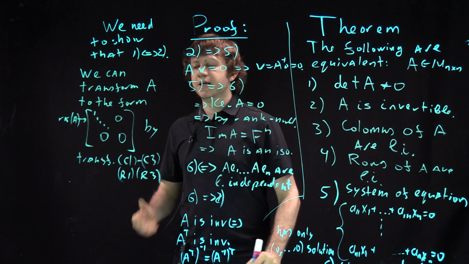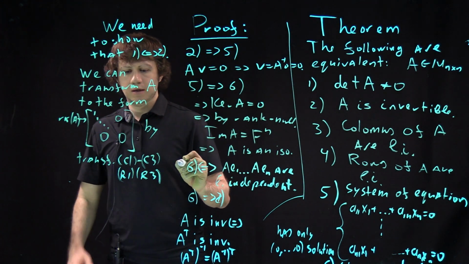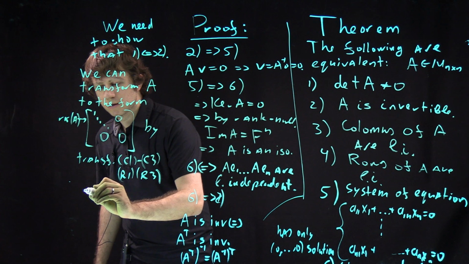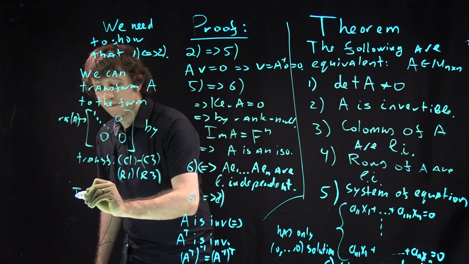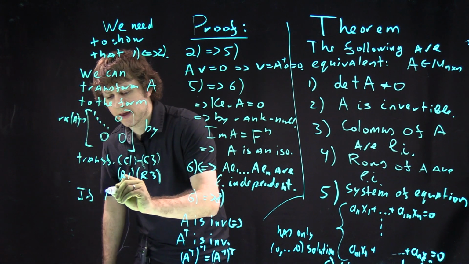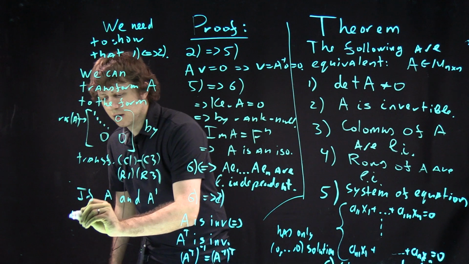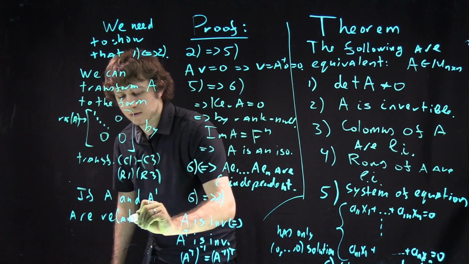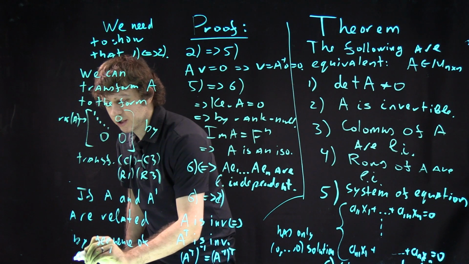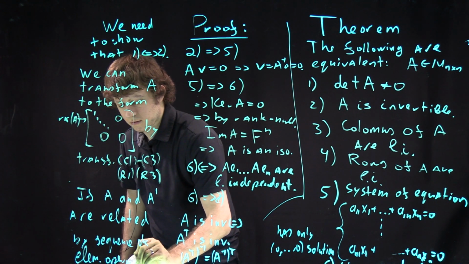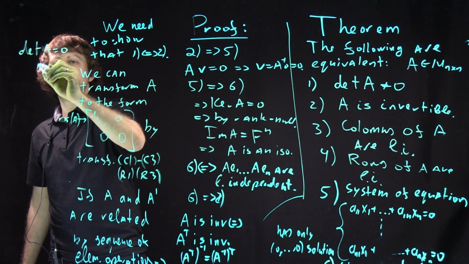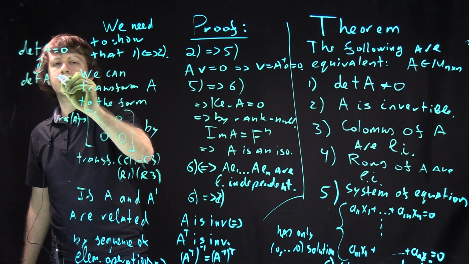And then notice that if A and A prime are related by a sequence of elementary operations, then the determinant of A equals 0 if and only if the determinant of A prime equals 0.